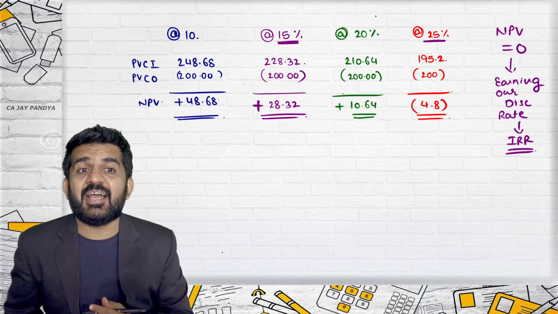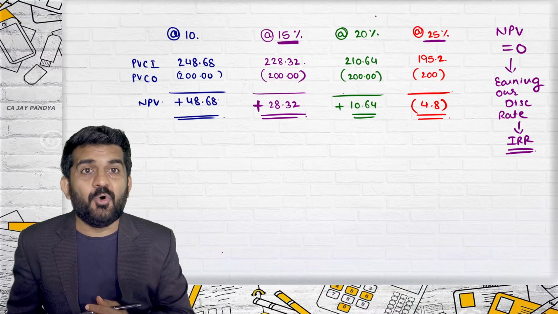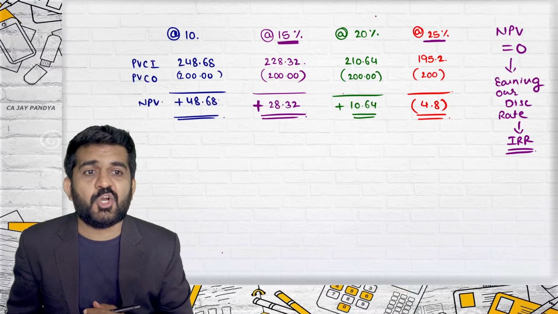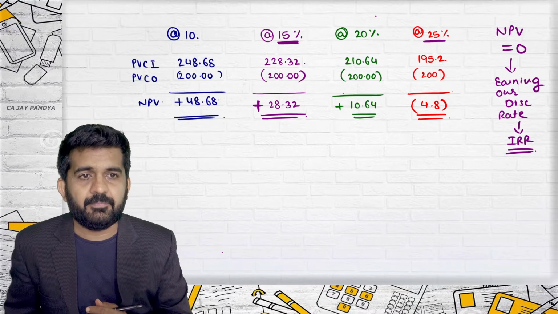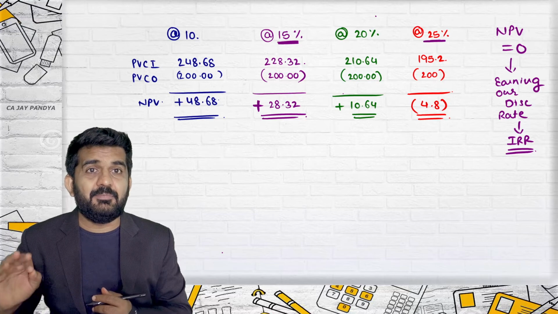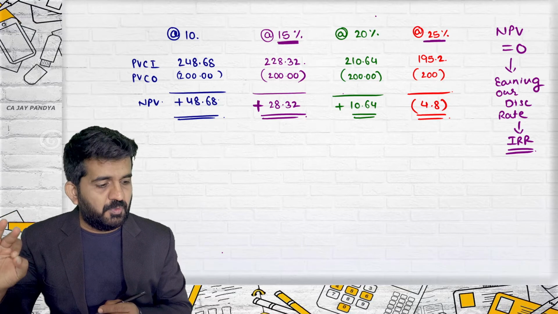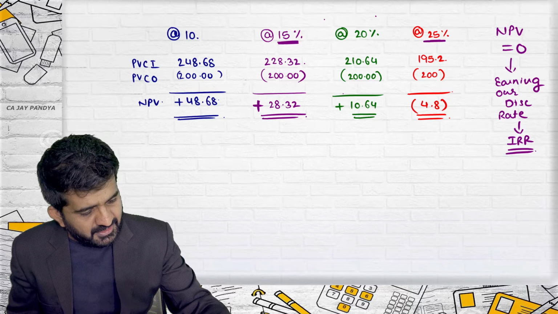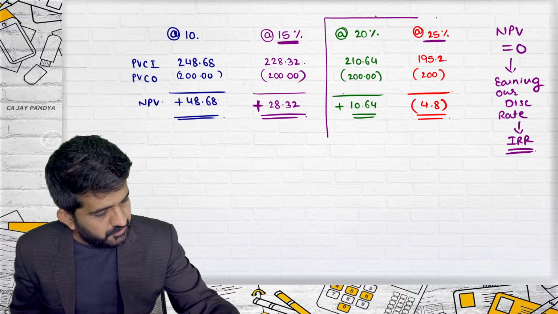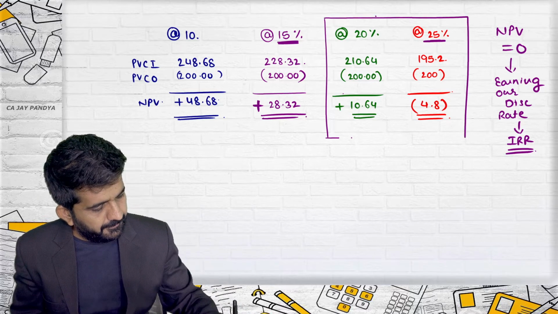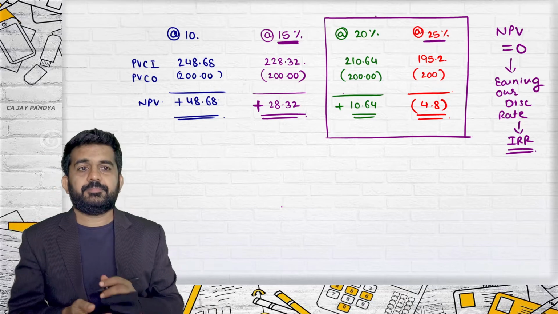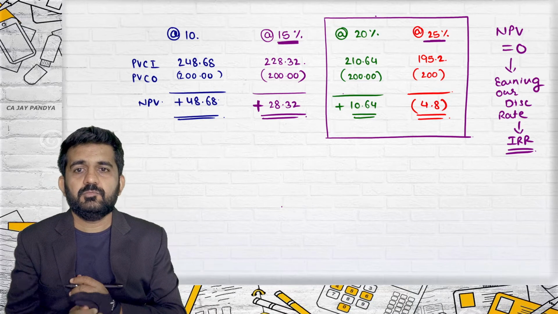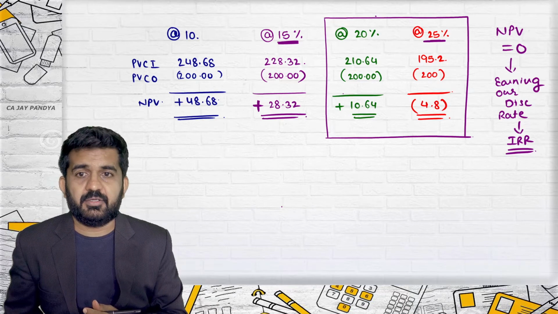So can I say IRR is 25%? No, at 25% it is not 0, it is negative. Was it all right? Can anyone tell me a perfect statement: what will be the IRR considering these two figures? What will be your IRR? Can anyone tell me?